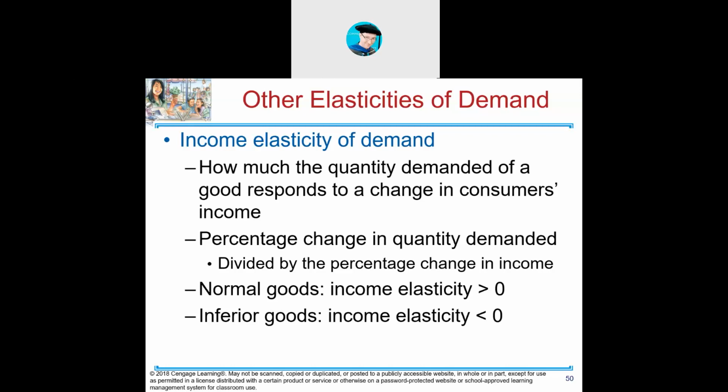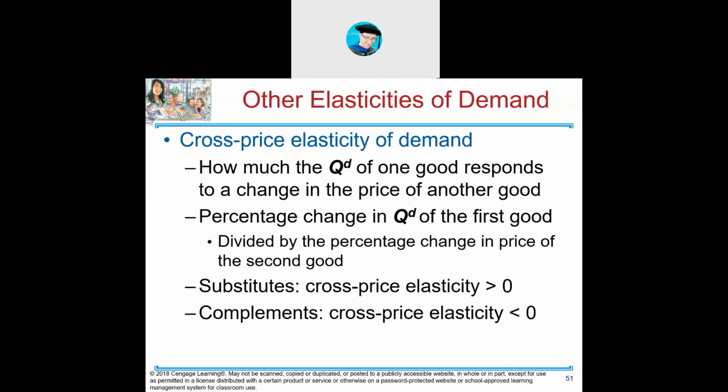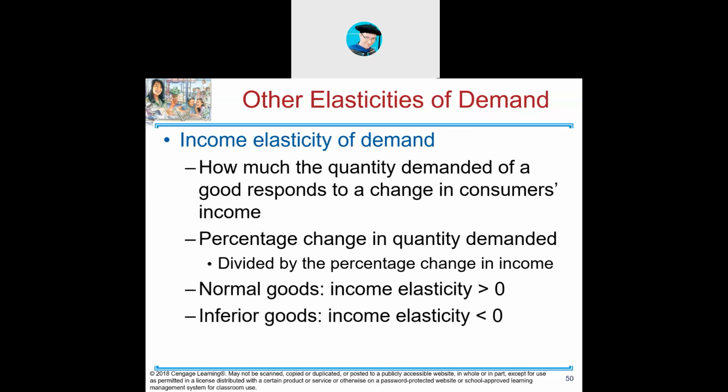Normal goods, if the income elasticity is greater than 0, customers will buy normal goods. If the income elasticity is less than 0, they will buy what we call inferior goods. A way to think about that: if your change in income is greater than 0, you'll buy the name brand clothing.